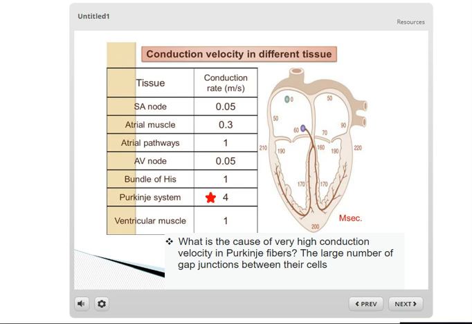And as you must know, the highest conduction velocity in Purkinje fiber is related to the large number of gap junctions between their cells.